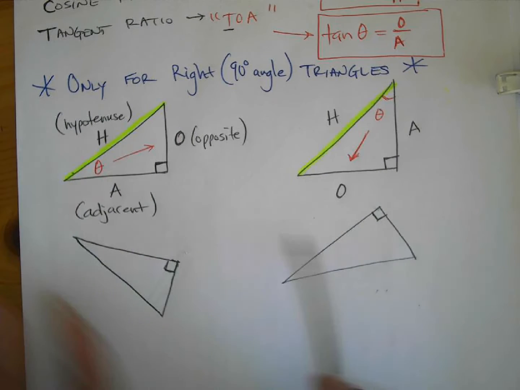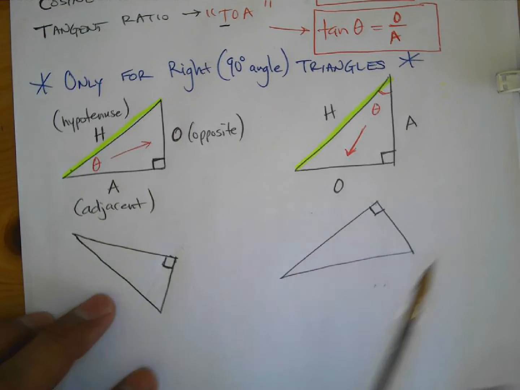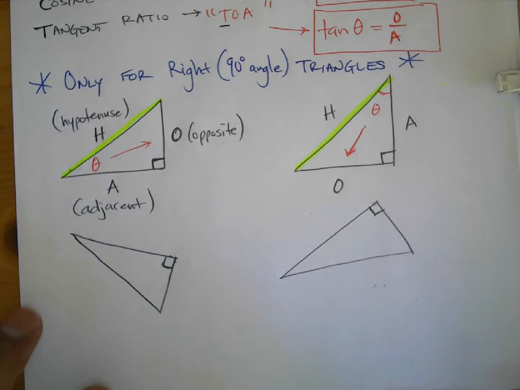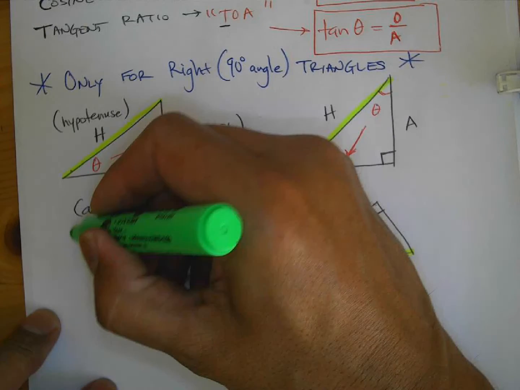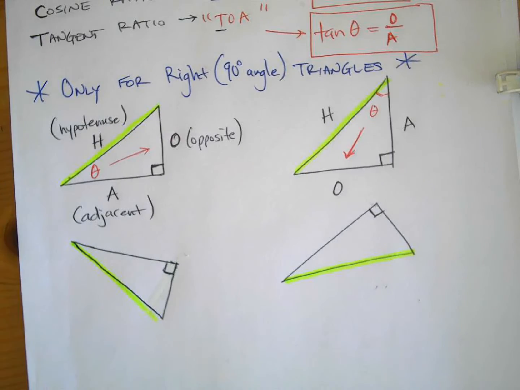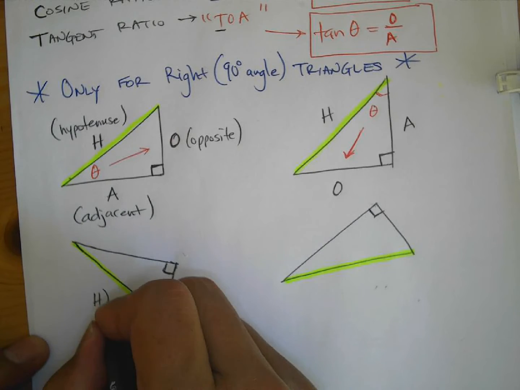I don't know which one's the opposite and the adjacent, I haven't given you the angle. But I know for sure, no matter which angle it is, which one's the hypotenuse side. This is the hypotenuse side, and this is the hypotenuse side. Always label that one first. That's my H, my hypotenuse.